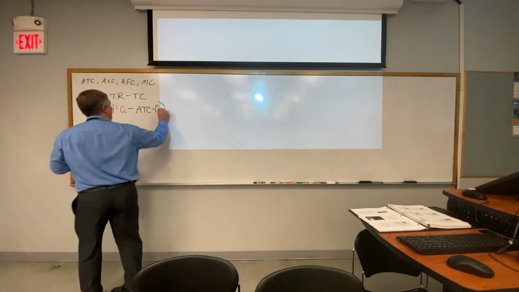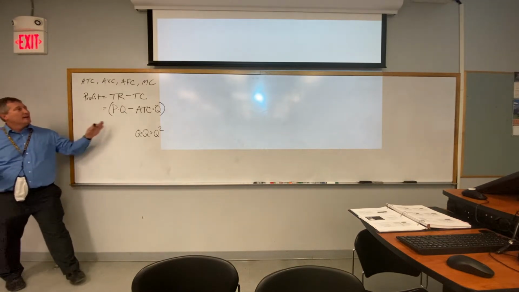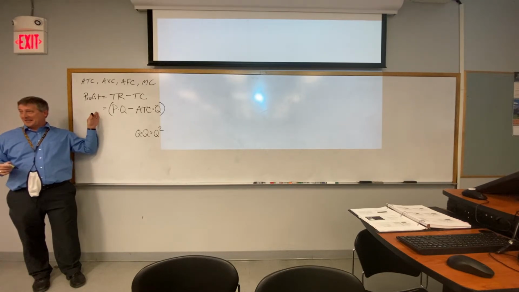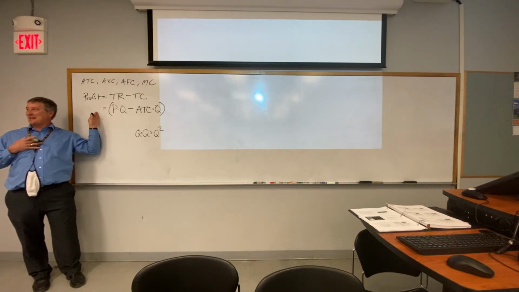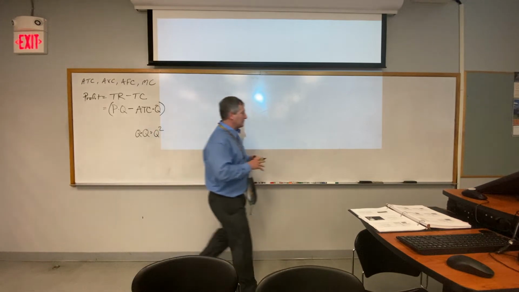So if we think of this expression maybe with parentheses, it helps us see it a little bit more. Can I pull this Q out of the parentheses? Please, yes. Remember that from math class? All right, so that's called factoring something out.